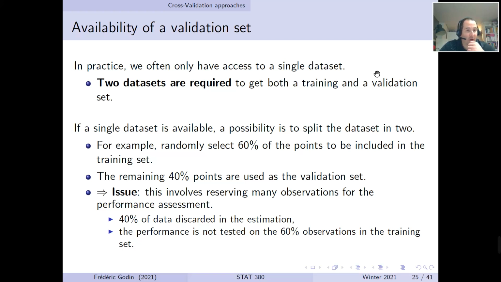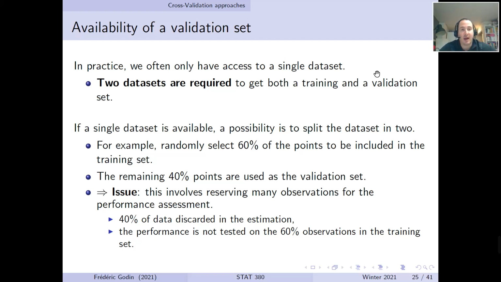So now we're going to discuss a bit of implementation issues with that. If we want to assess training performance and validation performance, then we need to have two different data sets: a training set and a validation set. In practice, it's not always easy to get two different data sets.